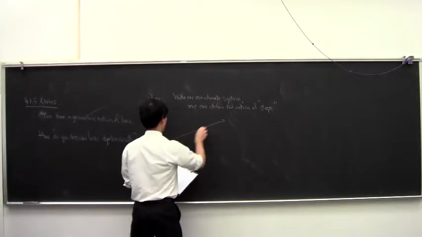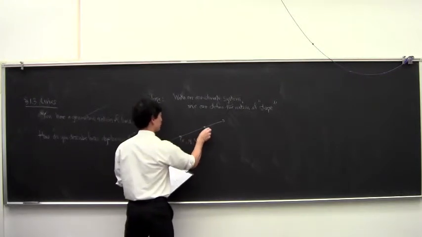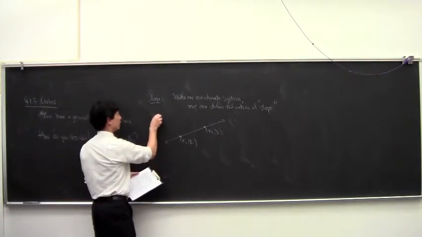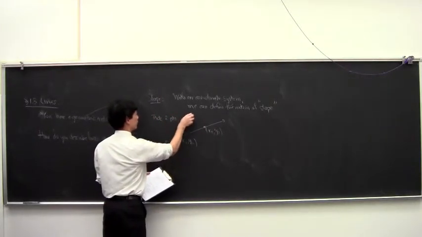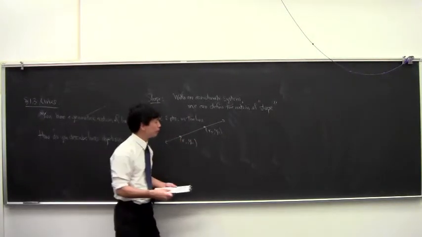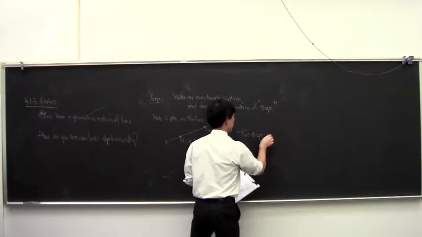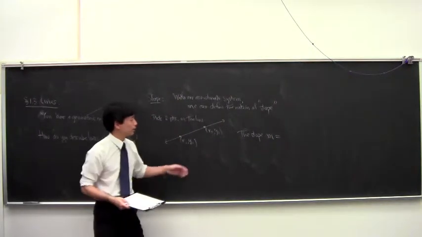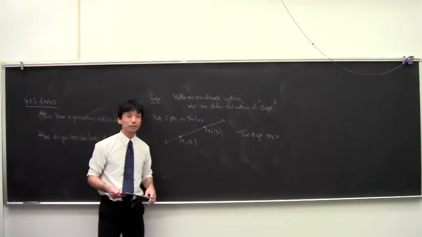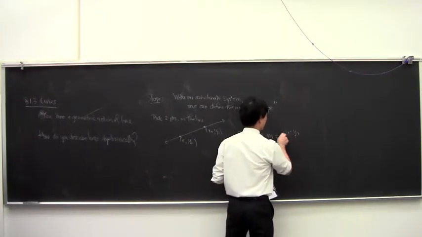So you have some line, and now that we have coordinates, you can talk about the coordinates of 2 points on the line. So pick 2 points on the line, and then we say that the slope, usually denoted by an m for some historical reason, the slope m of this line is what? y2 minus y1 over x2 minus x1.